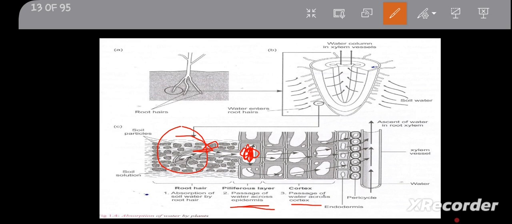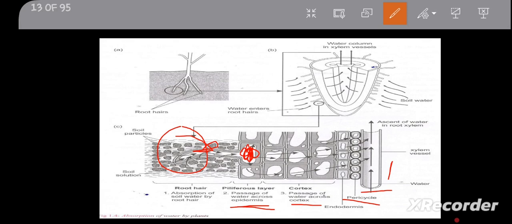From the cortex, the solutes are also diluted, so the osmotic pressure keeps lowering, and the water moves to the pericycle, and finally reaches the center of the root where we have the xylem vessel, which will be involved in making sure that the water is transported up the stem. At this point, a student needs to understand the other forces that are involved in the uptake of water. We are going to discuss them one by one in our next session.